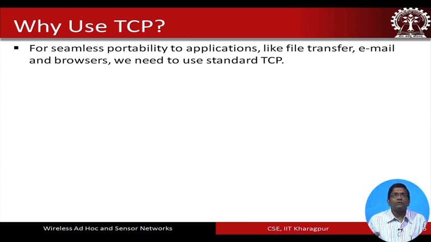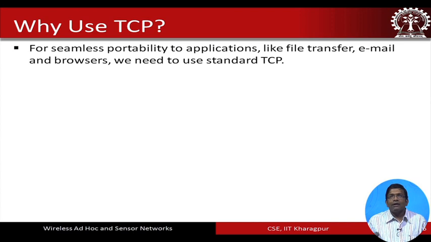So, why do we use TCP then? Because if we did not have TCP, ultimately we would have to run different protocols at the application layer, such as FTP, email, and we need to run our browsers, which will use SMTP and so on at the application layer. But for each of them, for reliability's sake etc., we need to have a reliable transport protocol between the transport layer and the application layer.